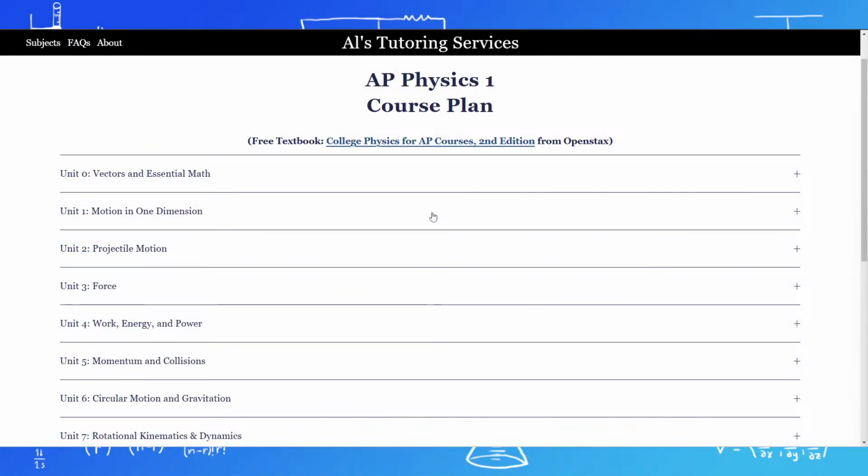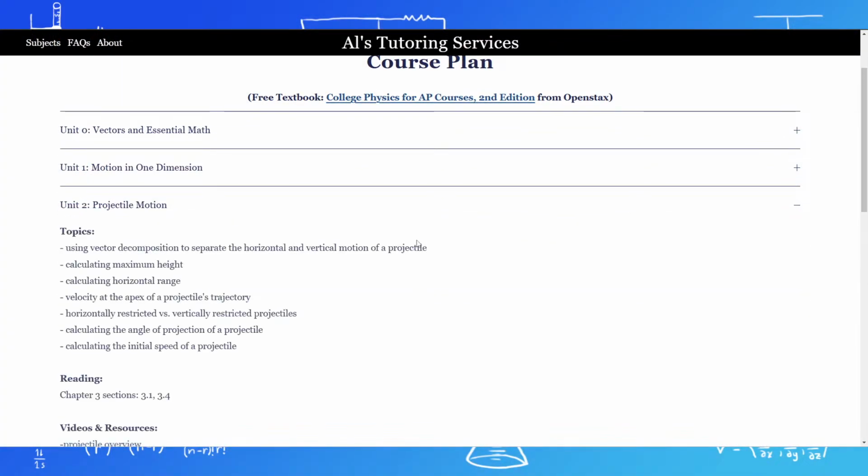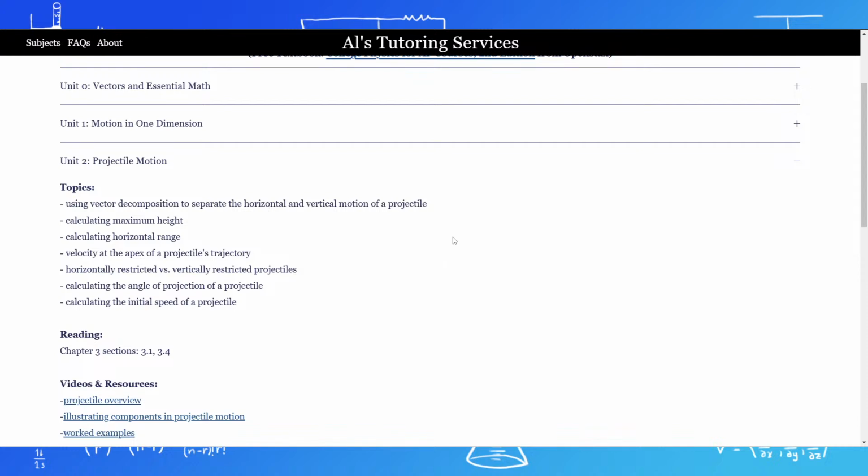Okay, so next time, projectile motion. We already talked about vectors, vector addition and vector decomposition and how to work with them. That's coming back.